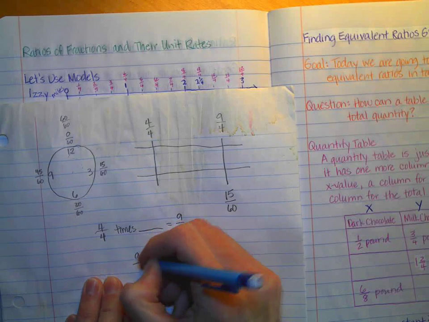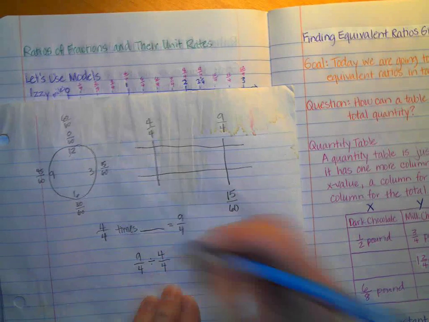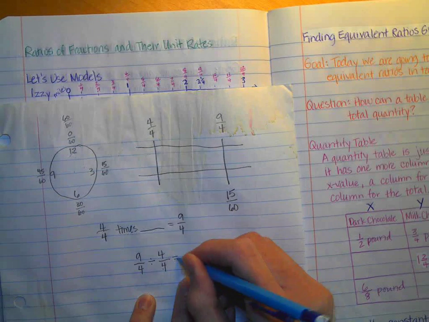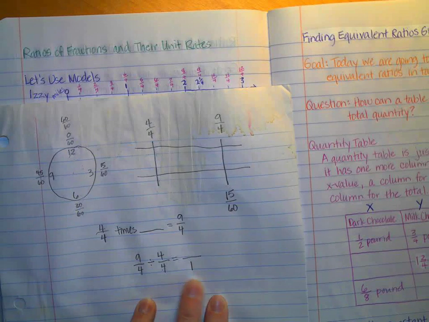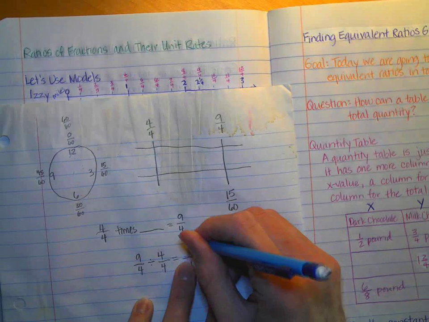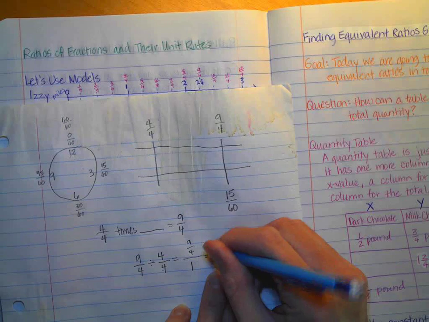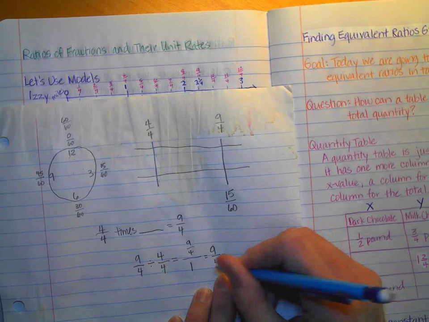That's what I'm trying to find out. In order to do that, I take 9/4 divided by 4/4. That's not hard because it's already got a common denominator. So what is 4 divided by 4? The answer is 1. Good job. What's 9 divided by 4? That is correct, 9/4. So 9/4 divided by 1 is 9/4.